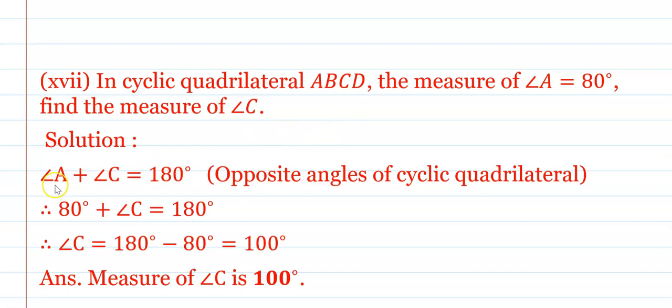Therefore, angle A plus angle C is equal to 180, opposite angles of cyclic quadrilateral. Measure of angle A is 80 degree, plus angle C is equal to 180. Therefore, angle C is equal to 180 degree minus 80, that is, angle C is 100 degree. Okay. Now the next question.